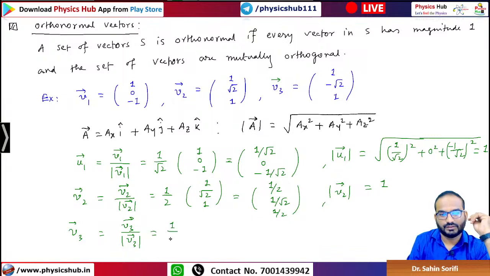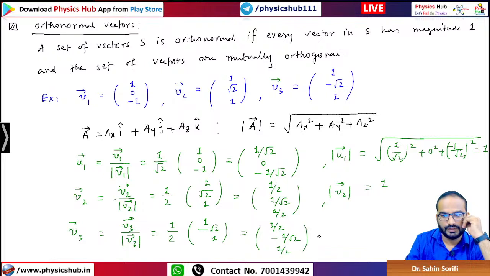Again, you will get 1 by 2, times 1, minus root 2, 1, so 1 by 2, minus 1 by root 2, 1 by 2. Again, if you calculate the magnitude, you will get 1.